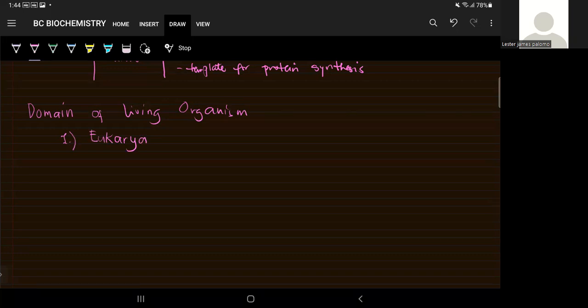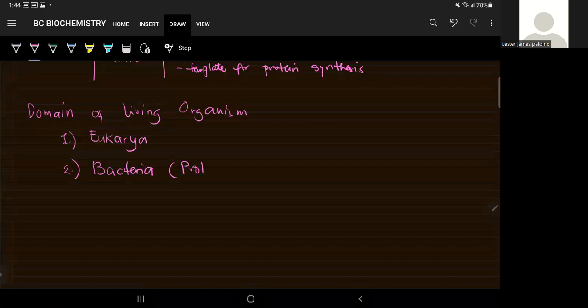And then we have your bacteria, okay? Your bacteria, which are your example under your prokarya, or your prokaryotic cells. And then number three, of course, we have your bacteria-like organisms, your archaea.